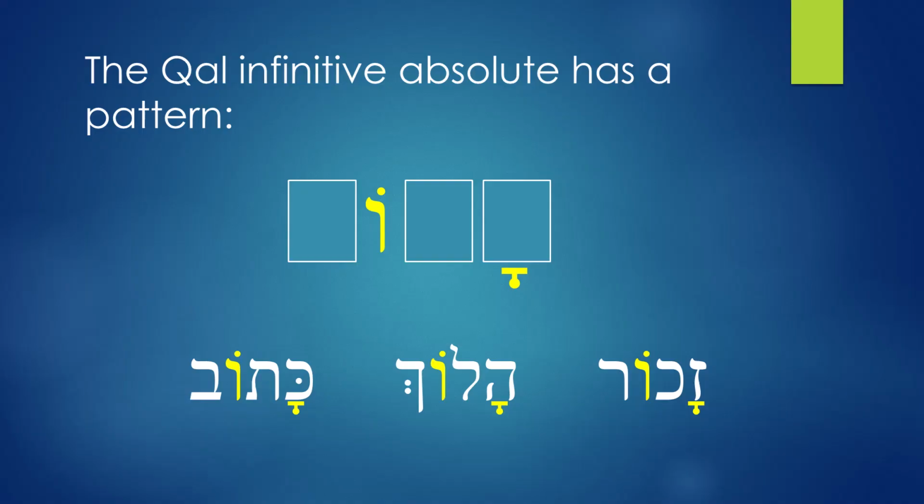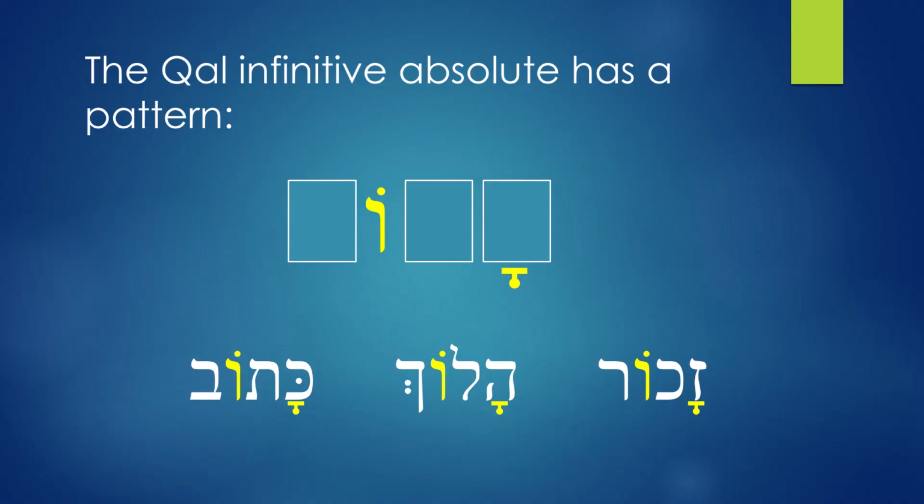You have qamets under the first consonant and holem waw between the second and third consonant, zakor. Or this example, halokh, halokh. So zakor means to remember. Halokh means to walk, from the verb halakh, which means he walked. So halokh means to walk.